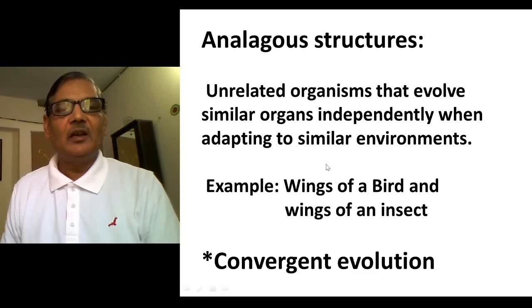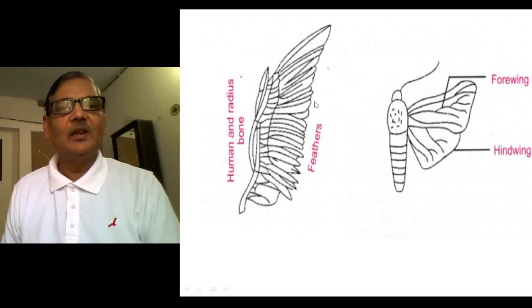That is, animals of two different groups get adapted for a similar kind of life, for living a similar mode of life. So in this diagram you can see that this one is the wing of a bird and this is the wing of an insect, the fore and hind wings of a moth, suppose, are given.